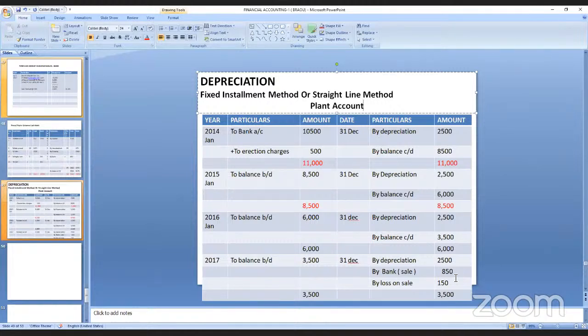The 10,850 is a much lesser amount than the cost of the machine. That is a loss on sale of 150. Got it?